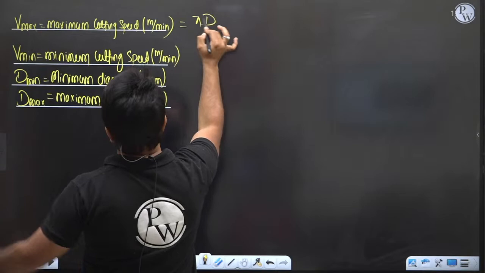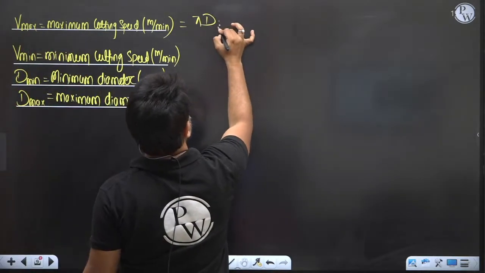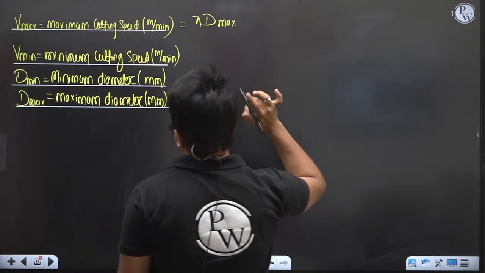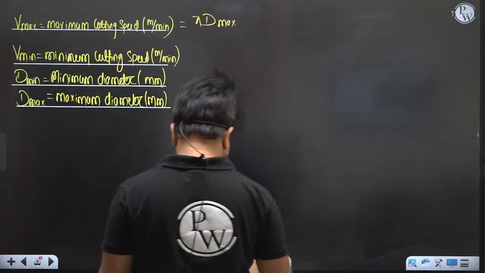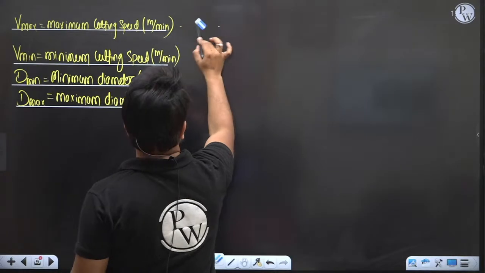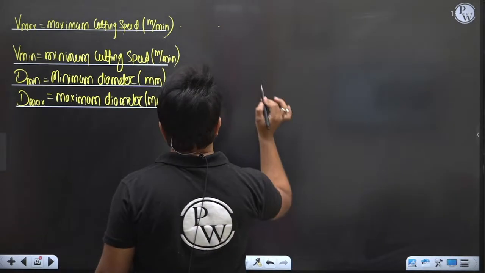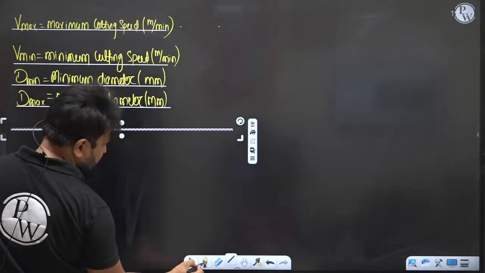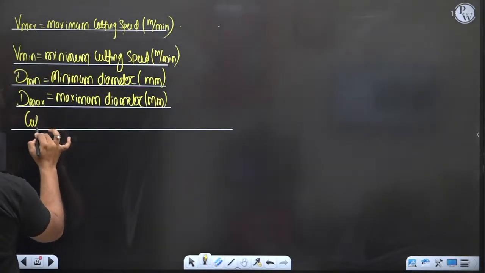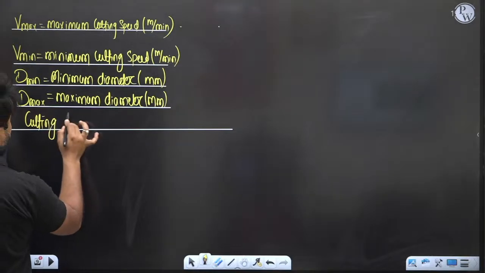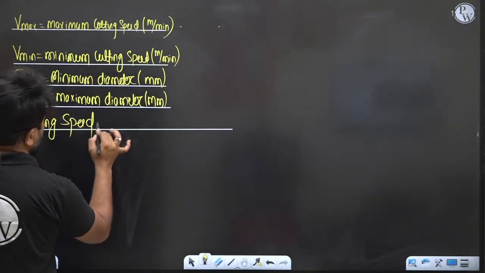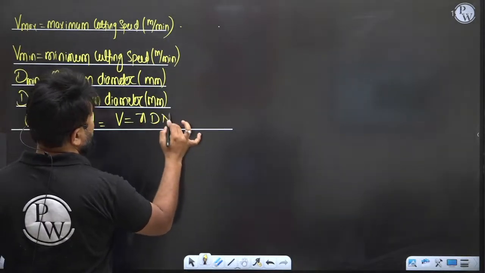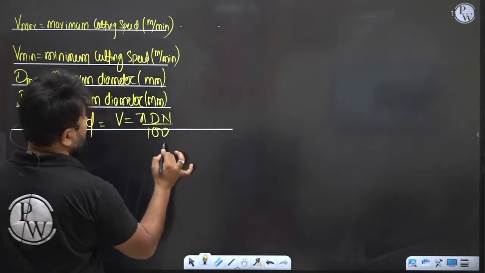Now my dear, Vmax basically is what? Pi D N. Now you want Vmax, so in that case D should be what? Maximum. Pi D N, right? And in journal, you can say that cutting speed V equals pi D N divided by 1000 meter per minute.